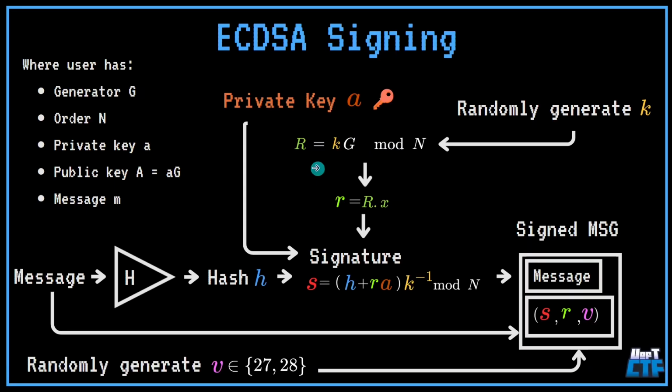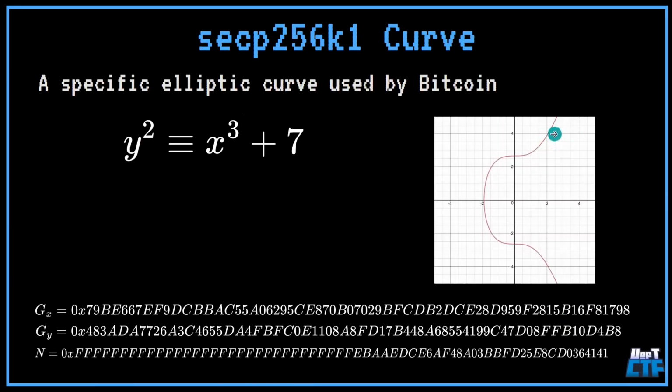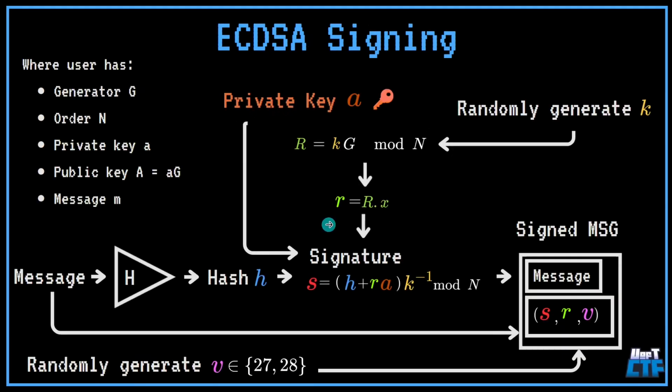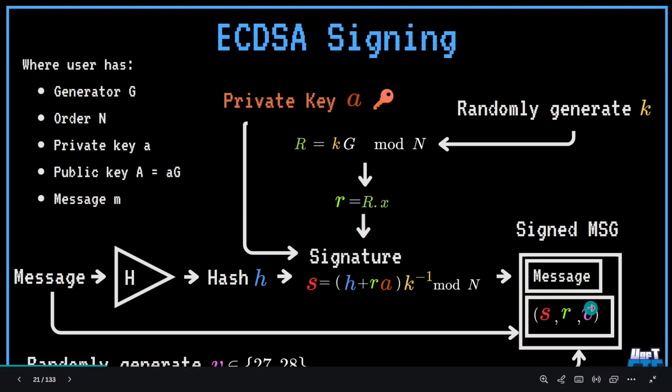The points have X and Y as coordinates, and if you only have the X, you can find Y by running it through the curve, like a function. So you don't need to store Y somewhere. You can just store V, which indicates if it's on the positive or the negative side.